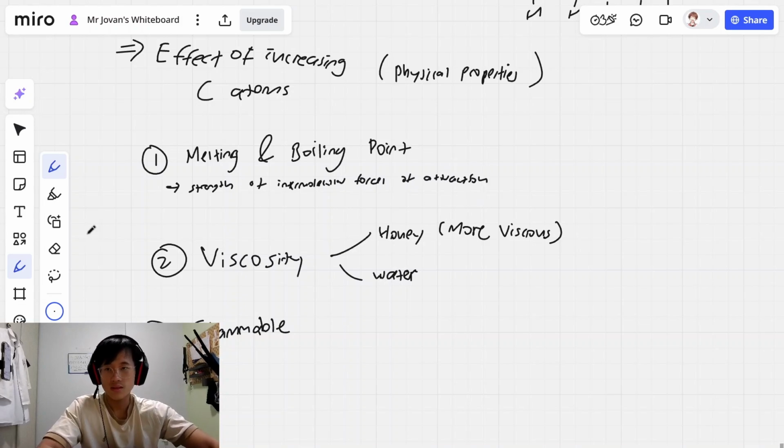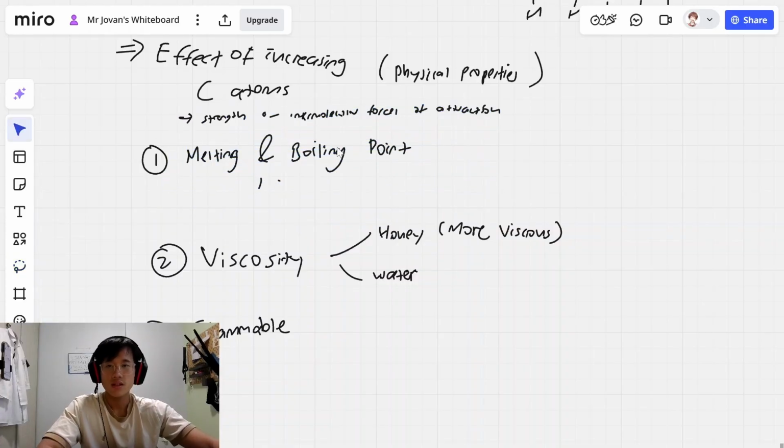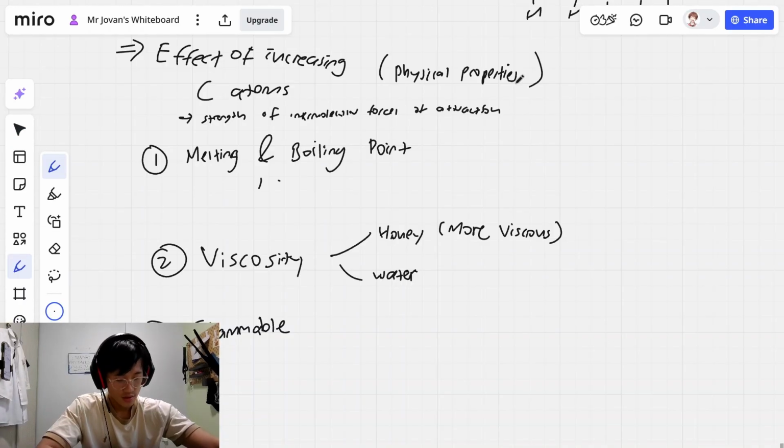Instead of labeling it down here, I'm just going to put this on top because this is the effect of increasing C atoms. The strength of our intermolecular forces of attraction increases as carbon atoms increase.